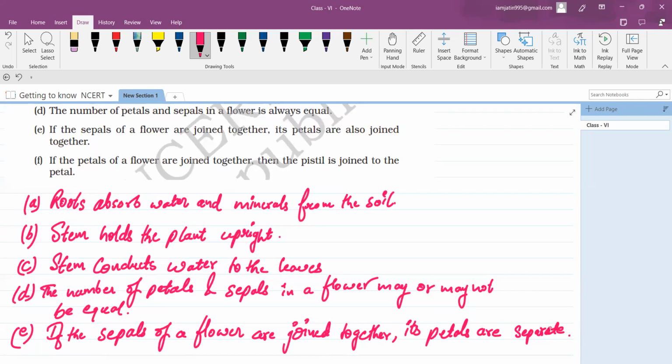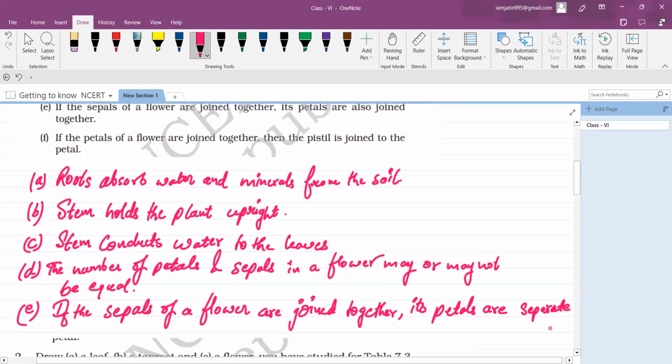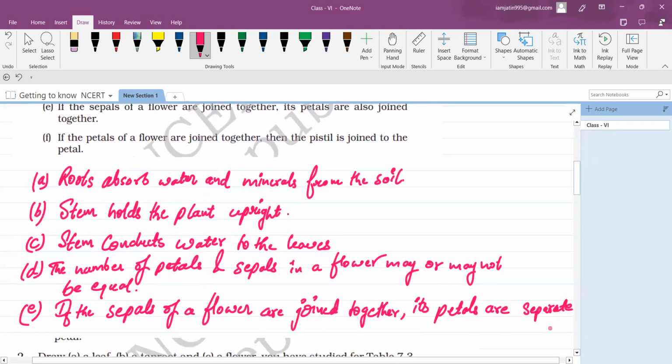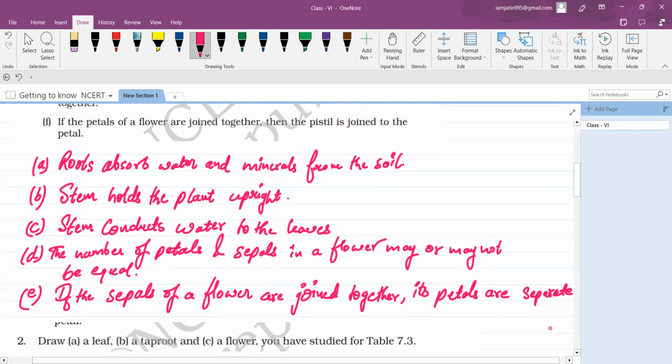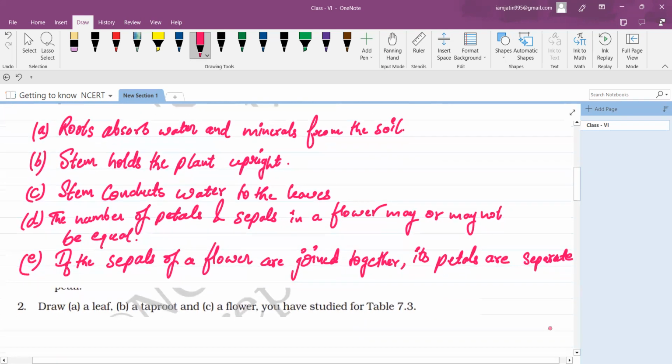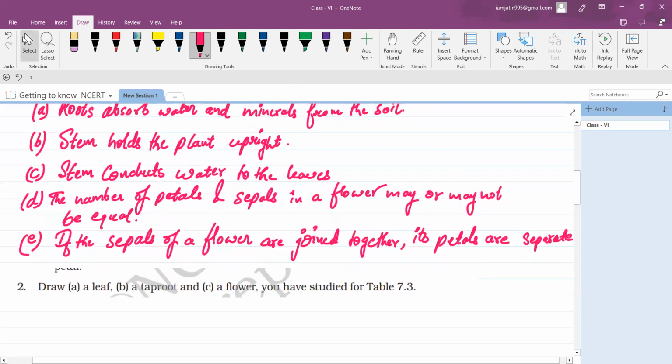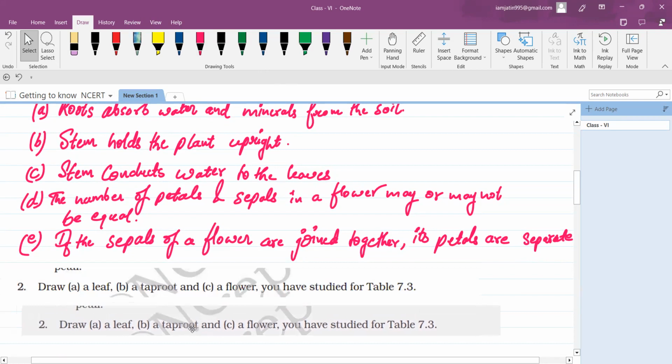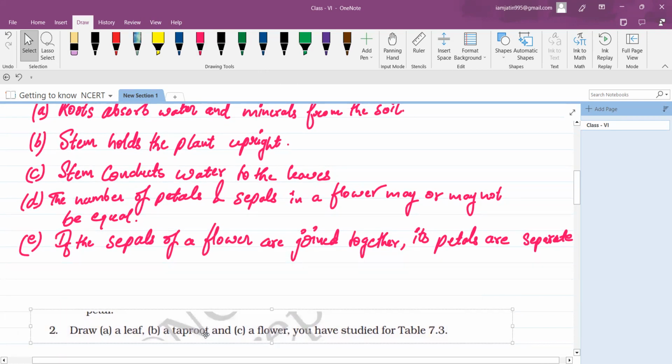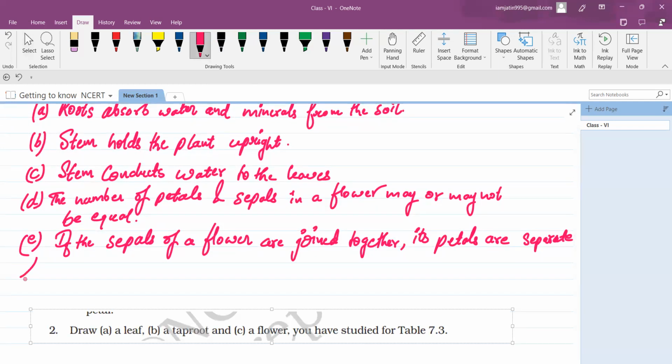Okay. Now let's move to the F part. If the petals of a flower are joined together, then the pistil is joined to the petals. That is also not correct. If the petals of a flower are joined together, the pistil may or may not be joined to the petals. So let's write down the F part.